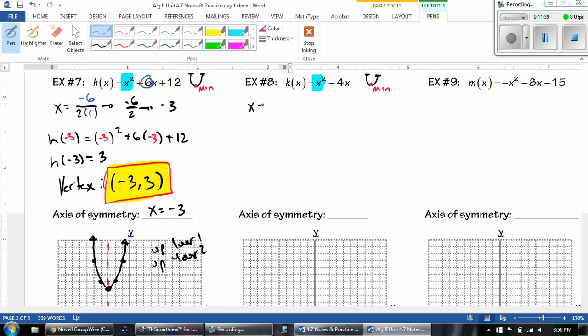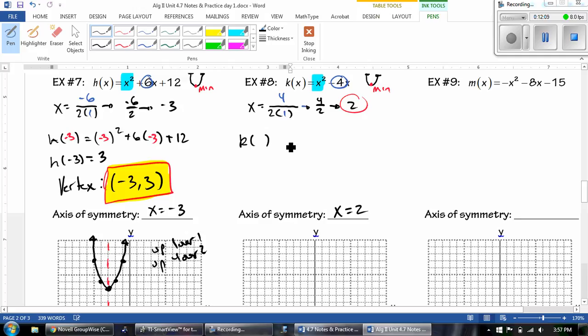The first thing that I want to do is find out my x value. So the opposite of b, so it's going to be a positive 4 over 2 times a. So we have 4 over 2, and that gives us 2. Remember that this is our axis of symmetry, so I know my axis of symmetry is a positive 2.